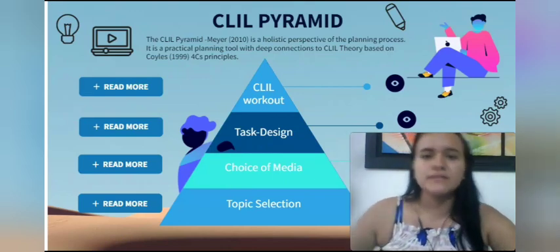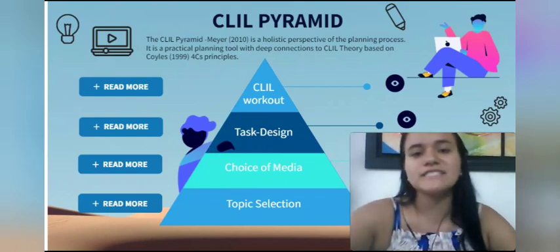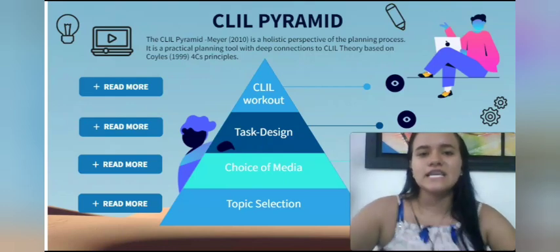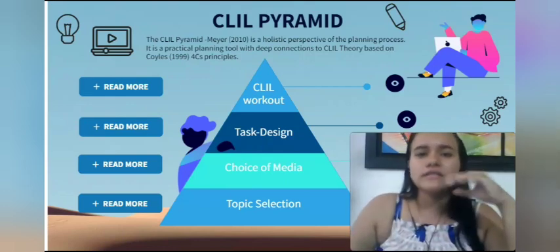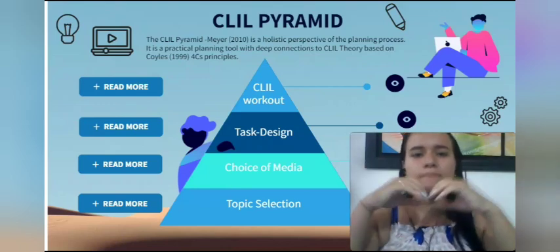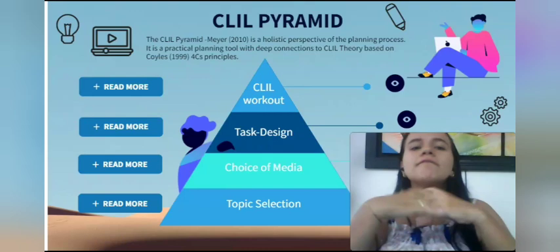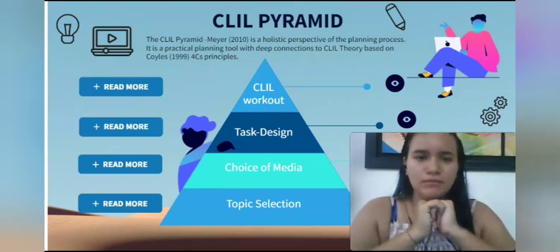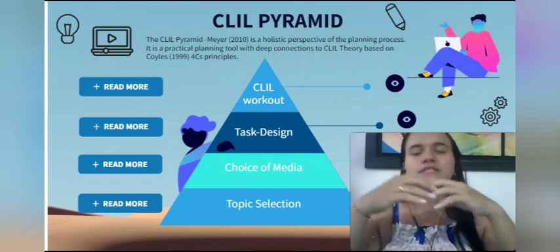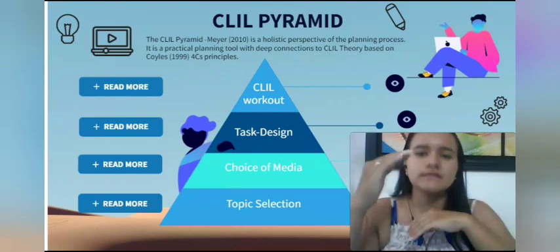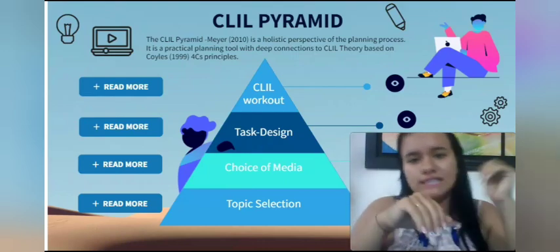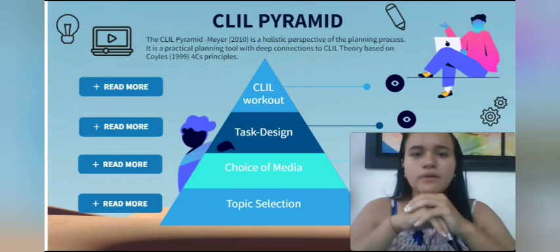This pyramid develops its functionality in different stages, but all the stages are based on the tenets of the 4 C's framework that our partner Jessica explained in the last part.